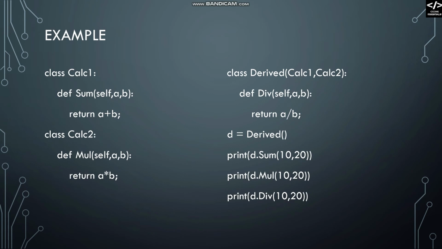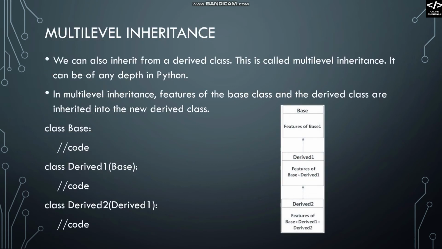Now we are moving on to multi-level inheritance. We can also inherit from a derived class. This is called multi-level inheritance. It can be of any depth in Python. In multi-level inheritance, features of the base class and the derived class are inherited into the new derived class.